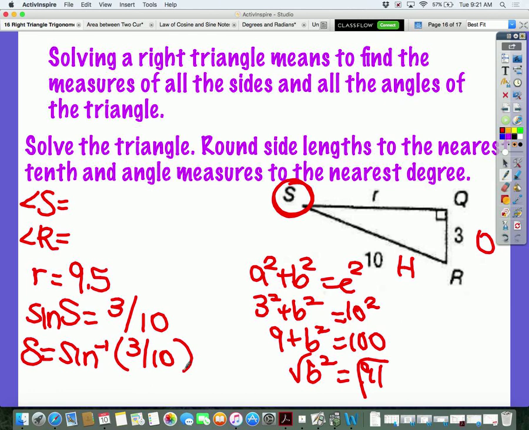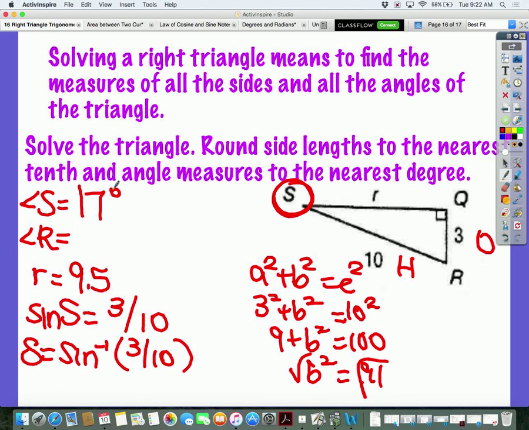Make sure you're in degree mode. 17.4. Round to the nearest degree. 17. Find the other angle, add one together to subtract from 180. Exactly. How many degrees in a triangle? 180.